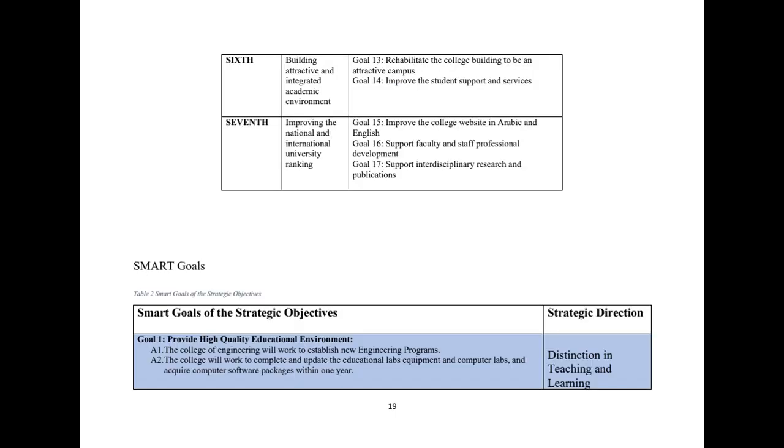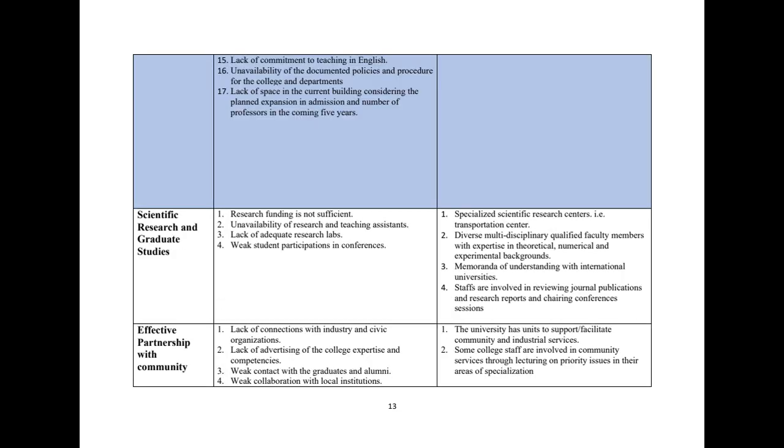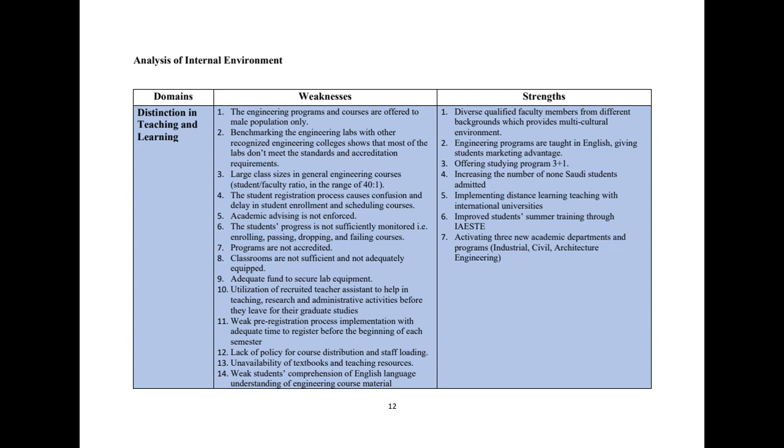When you develop the SWOT analysis, it's also mapped with the goals, the objectives, and the project of the accreditation. You have the domain, and for every domain, you will evaluate your organization from the SWOT analysis perspective, which is the weaknesses, the strengths, the opportunities and threats.